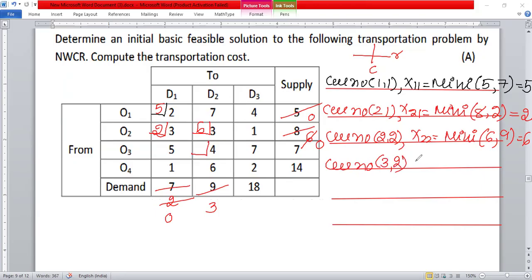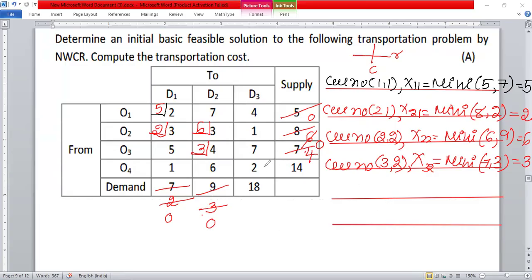X32 is equal to the minimum of 7, 3. The minimum is 3. Subtract immediately: 7 minus 3 is 4, and 3 minus 3 is 0.